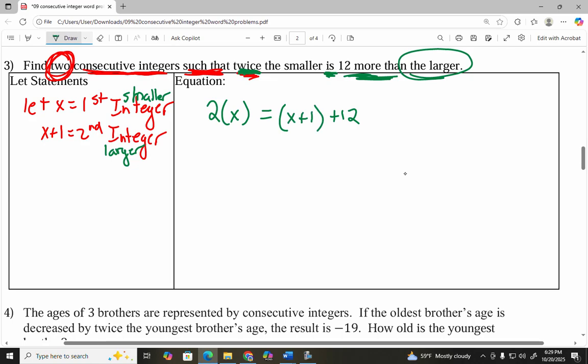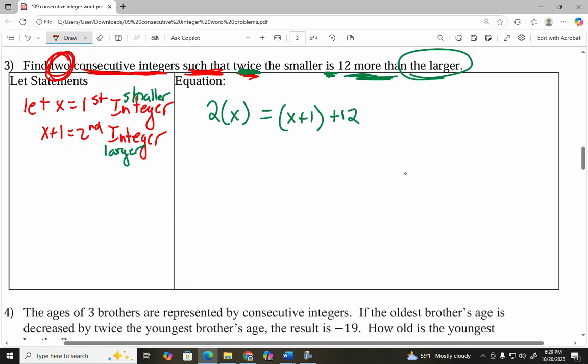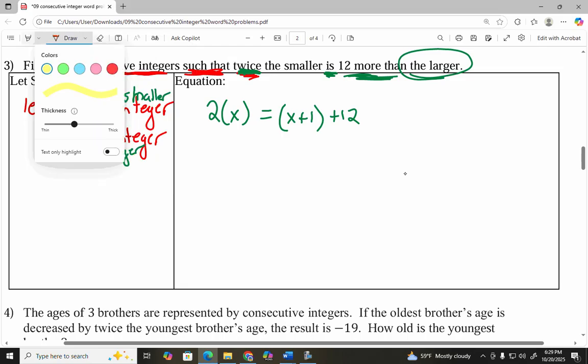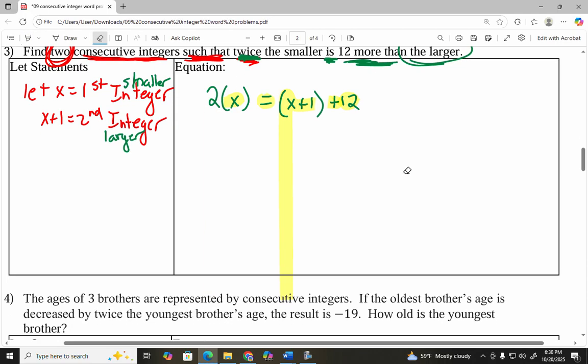I just translated pretty much word for word. Take a look as I'm going to highlight actually as I'm reading it. So this is twice the smaller is 12 more than the larger. I think I have to erase some of this highlight though, it got in my way.